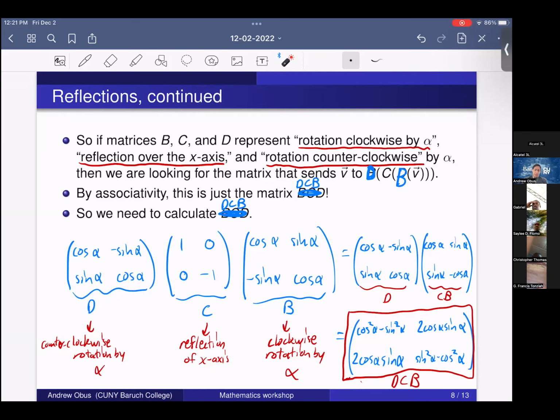The answer is, well, it's very hard to figure out. But instead, what we did is we broke it up into pieces that we already knew. We already know how to rotate, and we already know how to reflect over a very specific line, the x-axis. So by breaking it up into these three pieces, we could figure out the formula for some reflection.